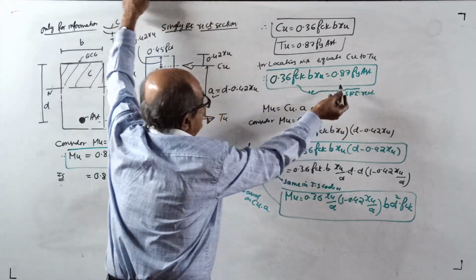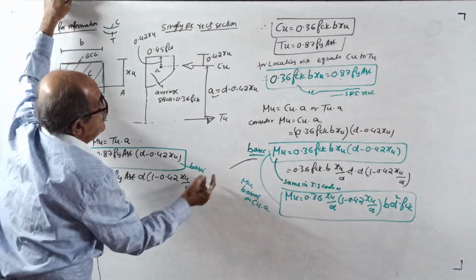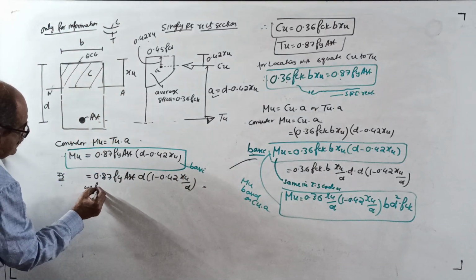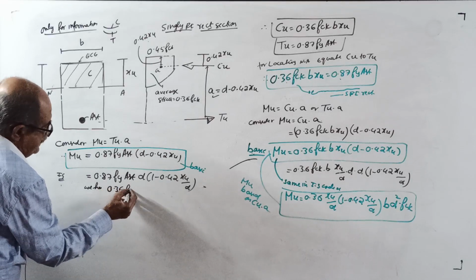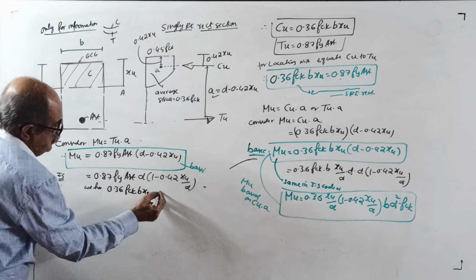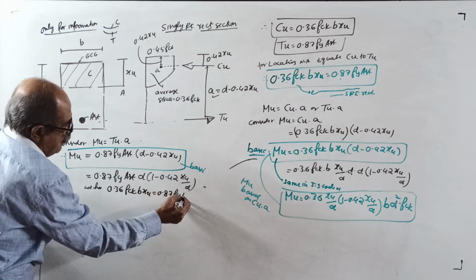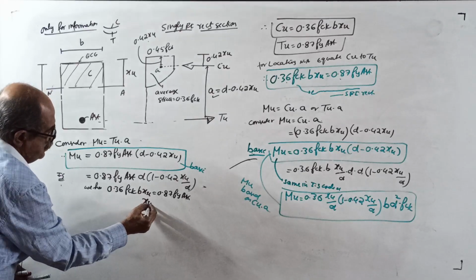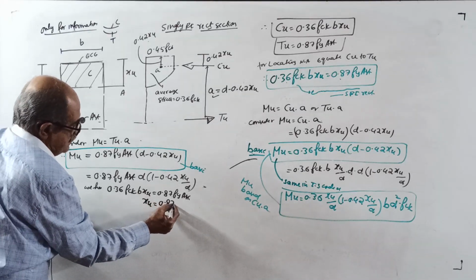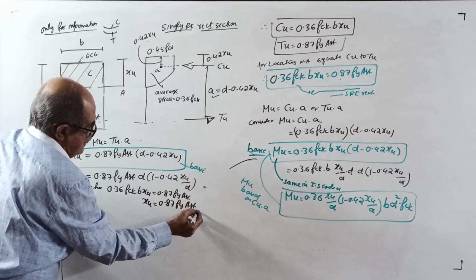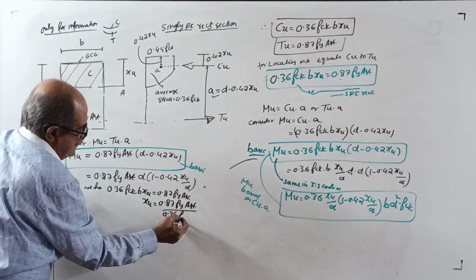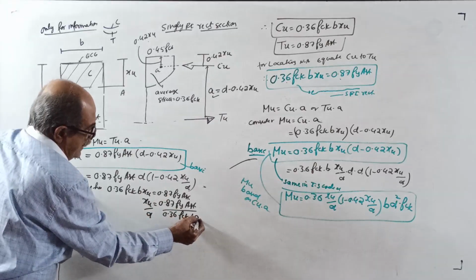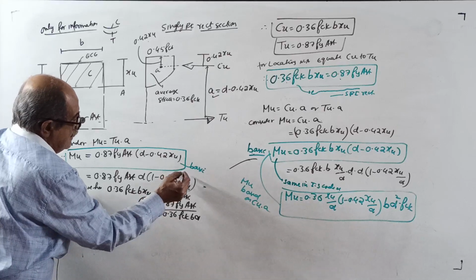We have 0.36 fck into b into xu equal to 0.87 fy into Ast. From here, xu equals 0.87 fy Ast divided by 0.36 fck b. Now IS code divides by d here, and this xu by d they substituted here.